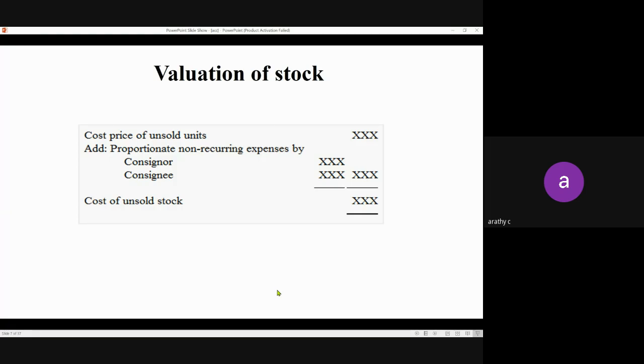This is the formula for valuation of stock.